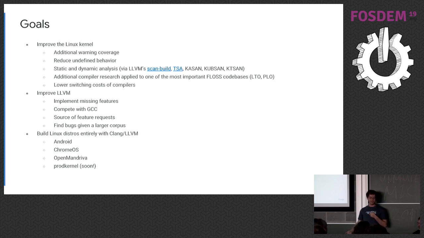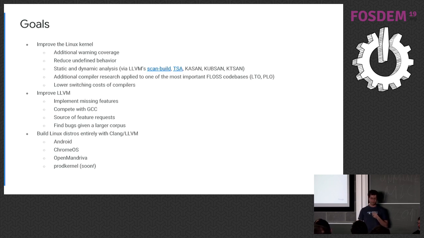Otherwise, the dynamic analyses like AddressSanitizer, UndefinedBehaviorSanitizer, and ThreadSanitizer all have kernel variants implemented in LLVM, which are really nice. There's also some cool newish stuff we're looking to do in the kernel. A lot of issues, we're still working through a lot of them, but things like link time optimization, and lately some research on post-link optimization that we're playing around with a little bit on our kernels.